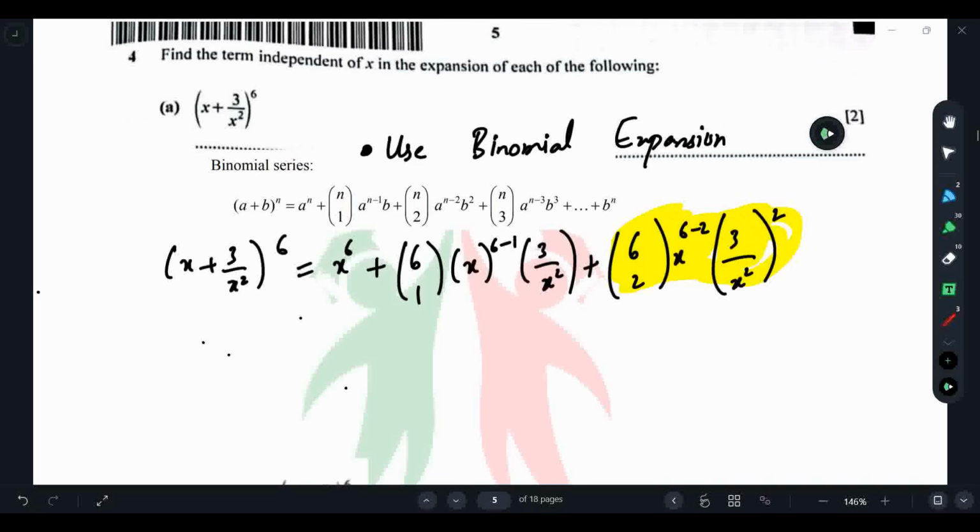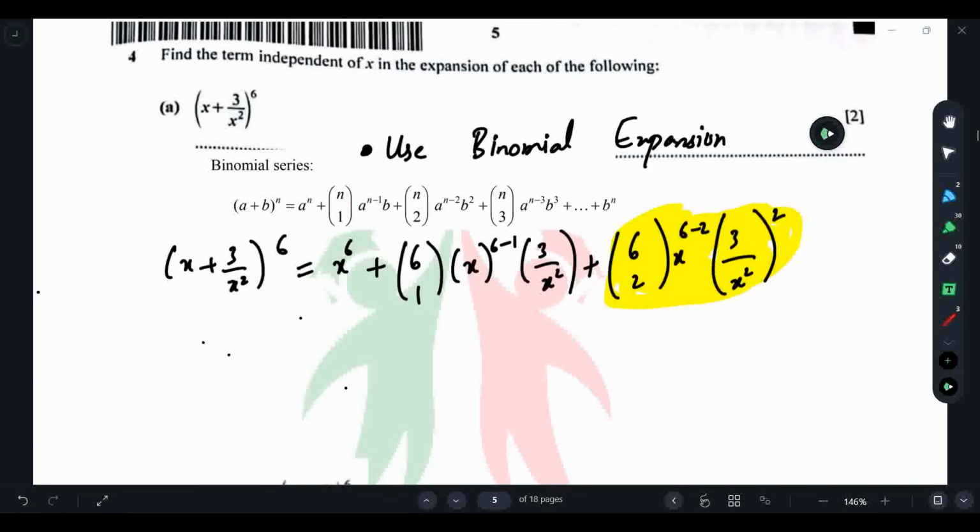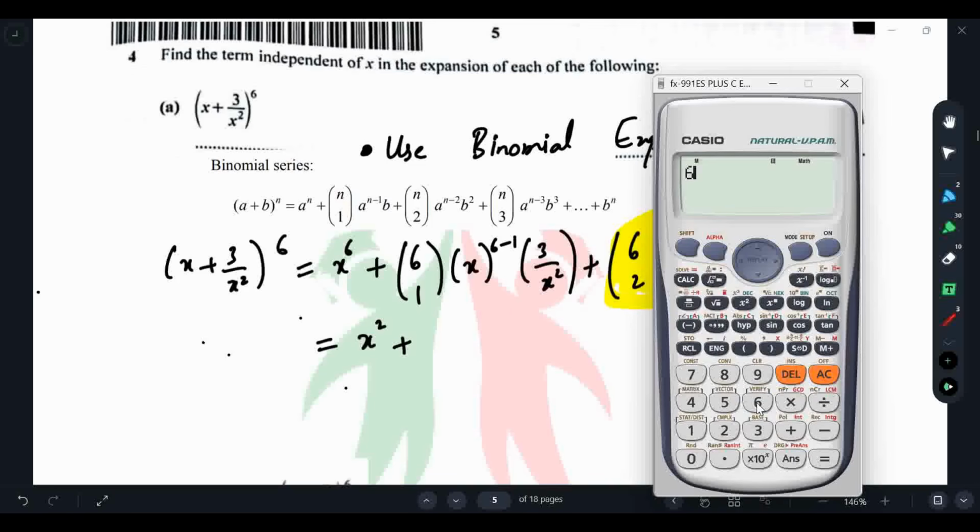We can see that this term will be independent of x. But let's simplify it. 6C1 will be equal to 6.